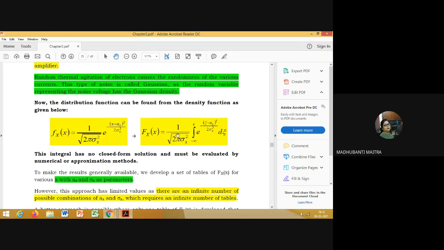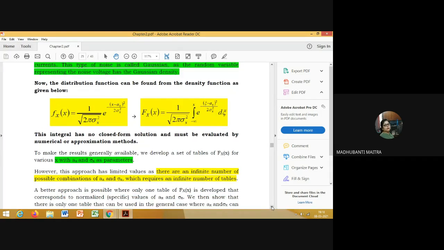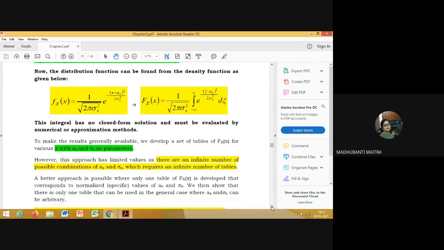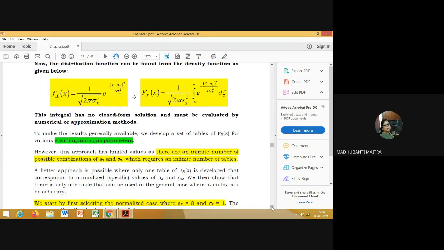Now the problem is this integral has no closed form solution. So either we'll have to employ some numerical methods, or we can determine the value of this integral with the help of some approximate methods.